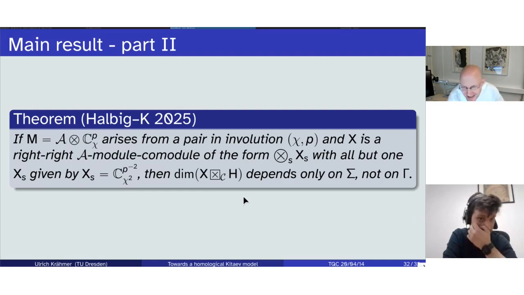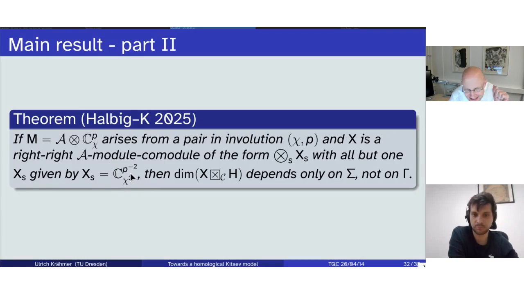So you can take a certain right module, right comodule, which is obtained by putting such a right module, right comodule on every vertex of our graph. This is really strange.